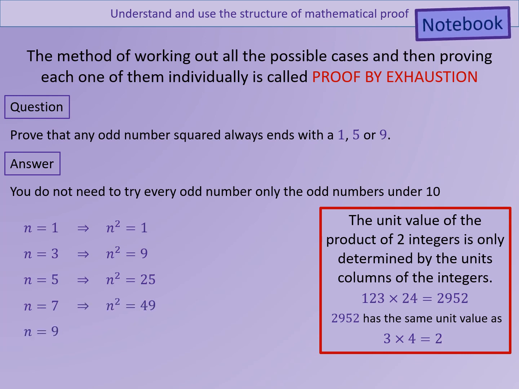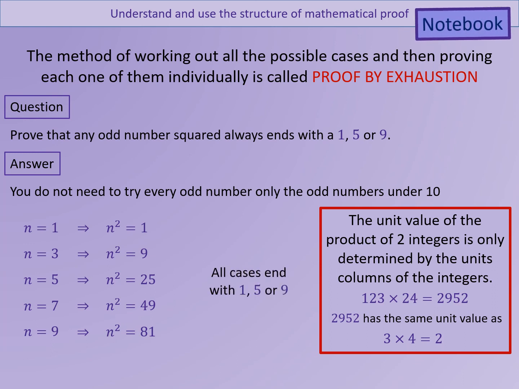And finally, when n is 9, n squared is 81. And you can see that all 5 of those square numbers end in either 1, 5 or 9. So if I was to choose any other odd number, then it would end in either 1, 3, 5, 7 and 9, and therefore when I square them, it will behave in the same way as these 5 numbers are doing here.